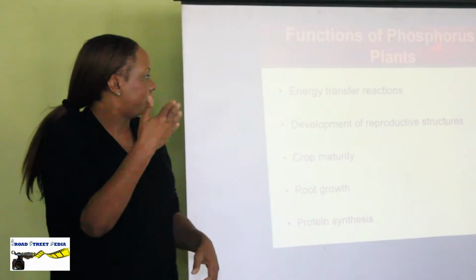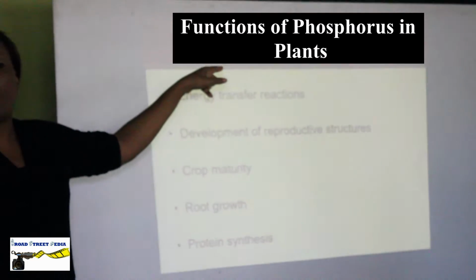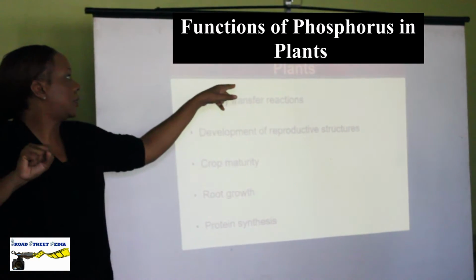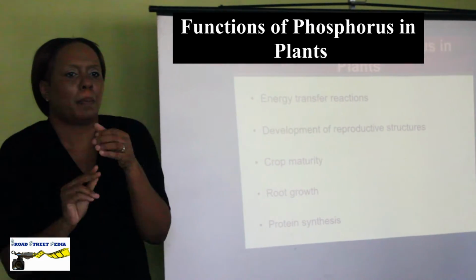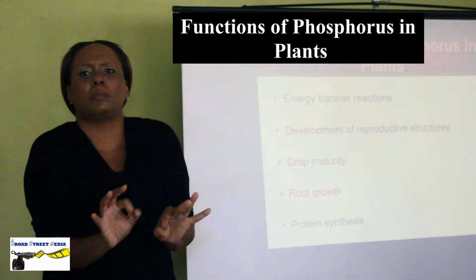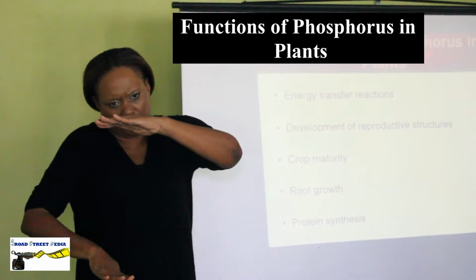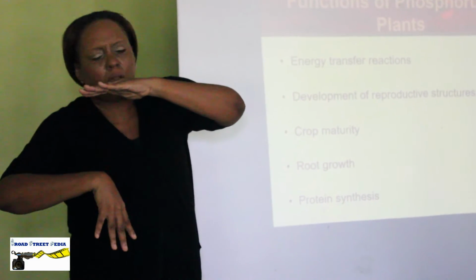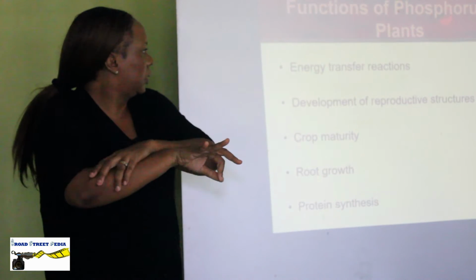The next slide. Phosphorus, which is the P in NPK, is responsible for the energy transfer of the plant, and most importantly, it helps in root development. So if you want good rooting, you have to apply phosphorus. It also helps in what we call crop maturity.